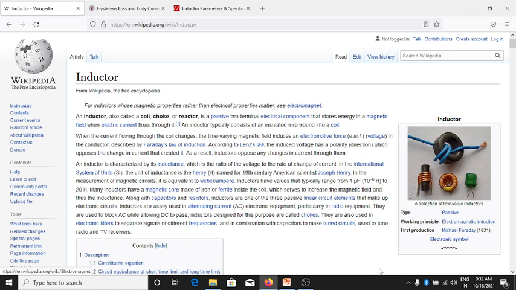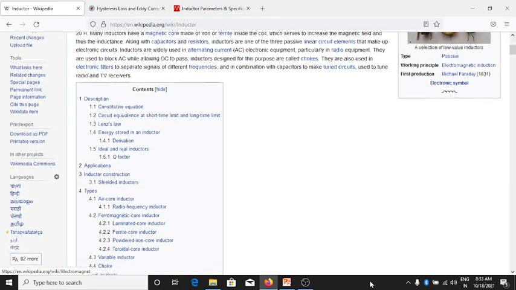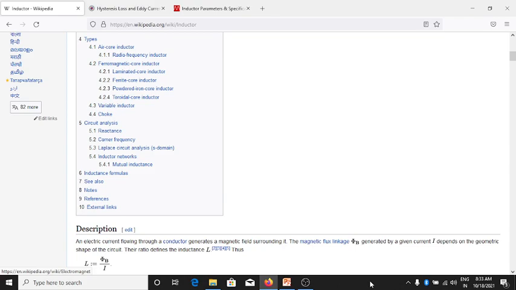Inductors designed for this purpose are called chokes. They are also used in electronic filters to separate signals of different frequencies, and in combination with capacitors to make tuned circuits used to tune radio and receivers. Clear?